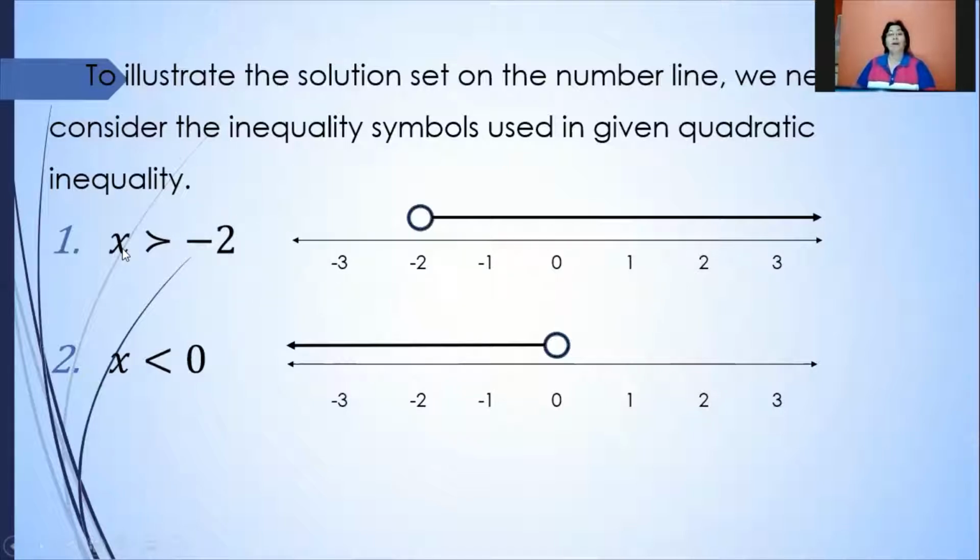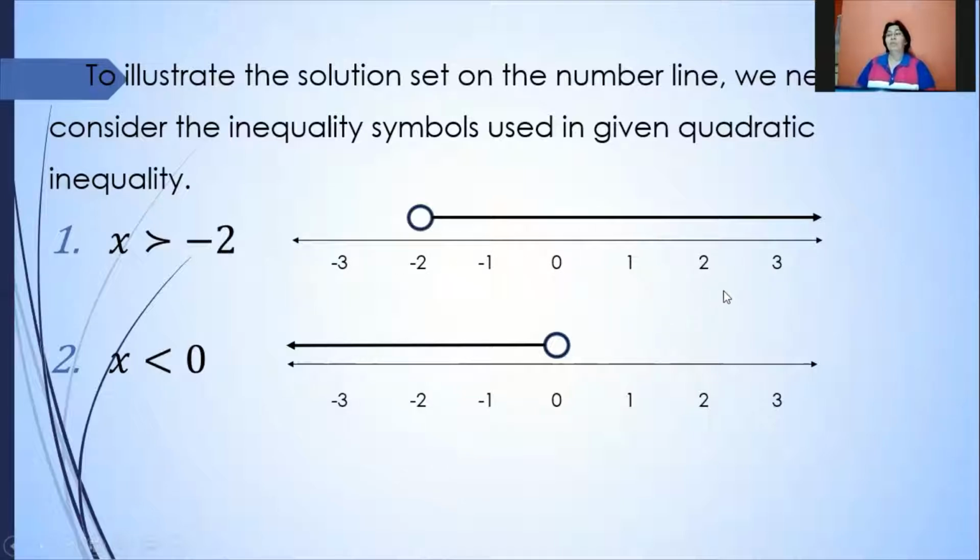Again, we have to analyze the number line first. From 0 to the right are the positive numbers, and from 0 to the left are the negative numbers.